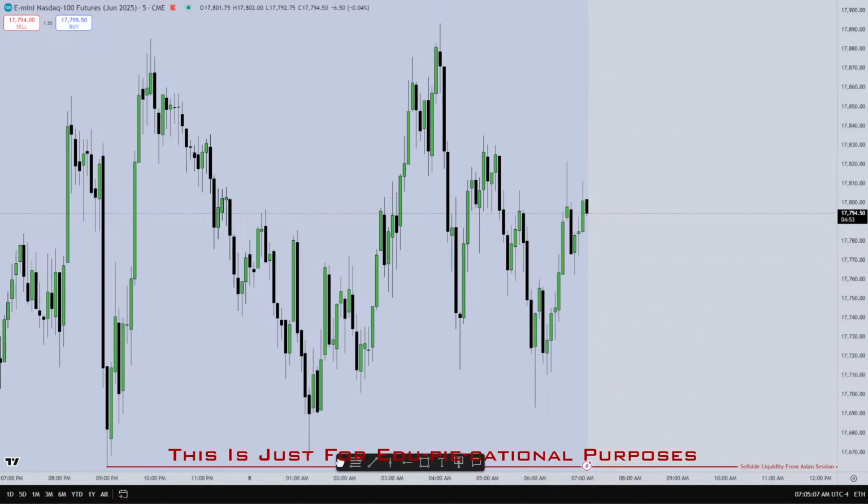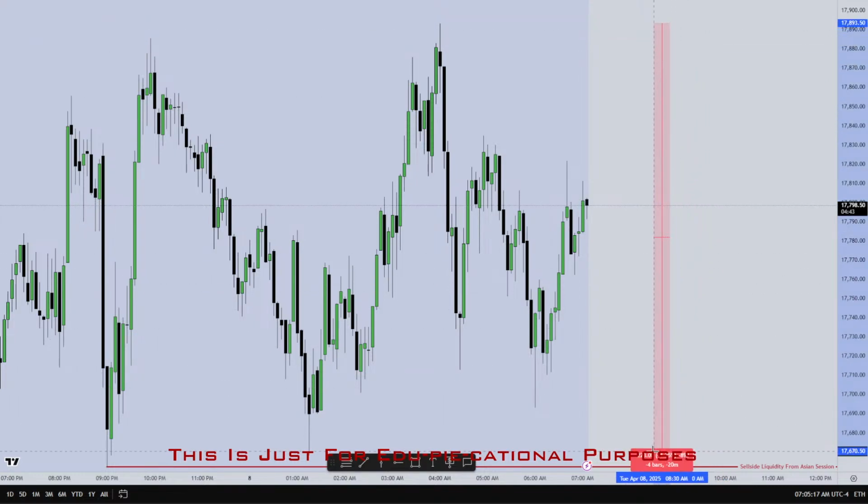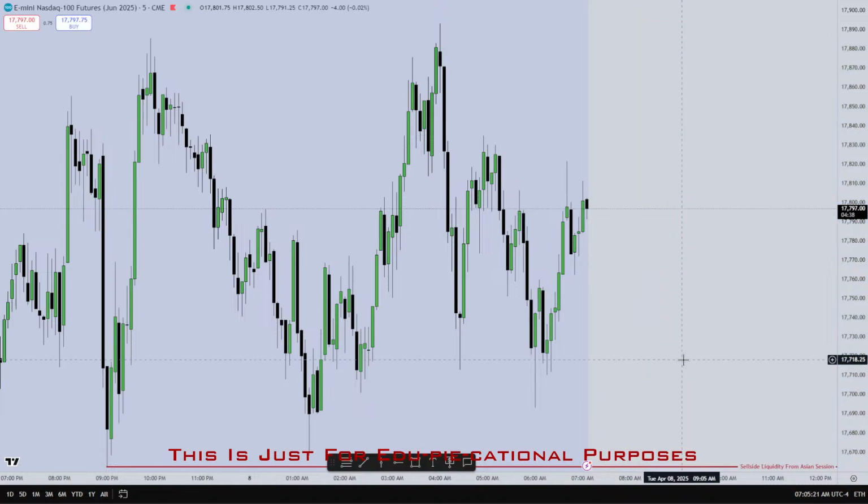We are witnessing here the market at 7. We are in quite a big range, almost 230 handles is the range defined.